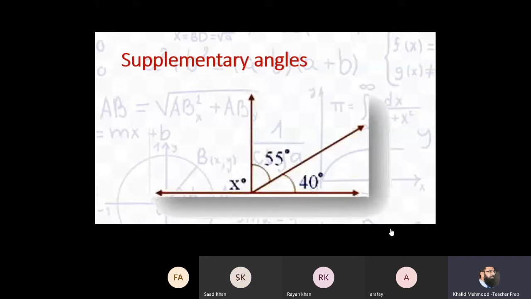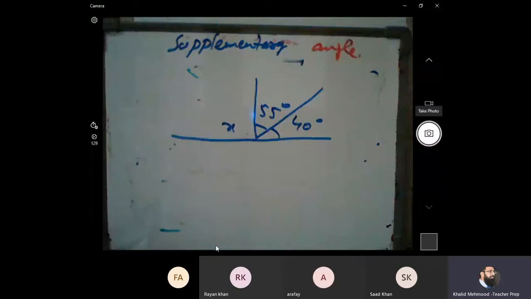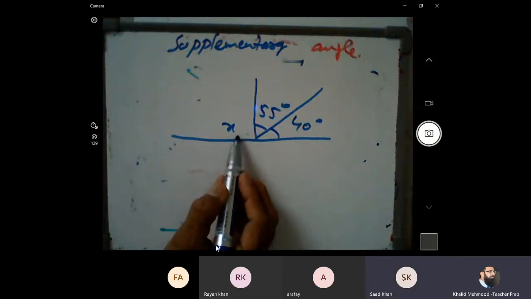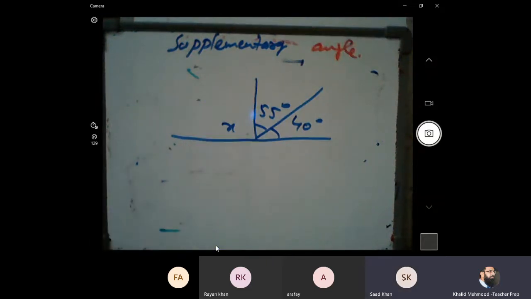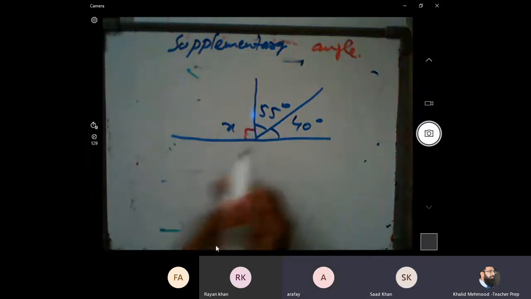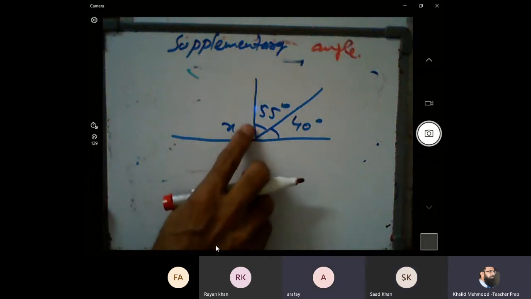And what was making us confused? You can see that this looks like 90 degree, but this is not 90. Until and unless there is a sample of a square, we can't say that this is 90 degree.